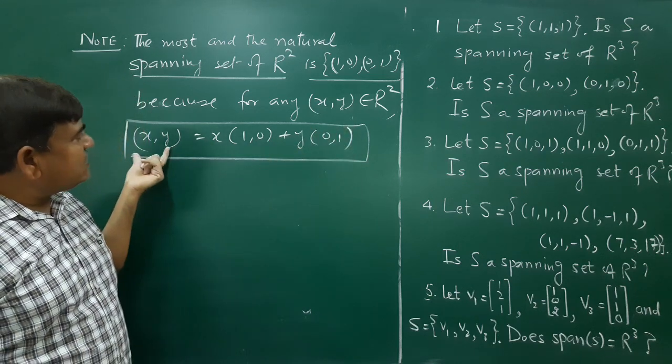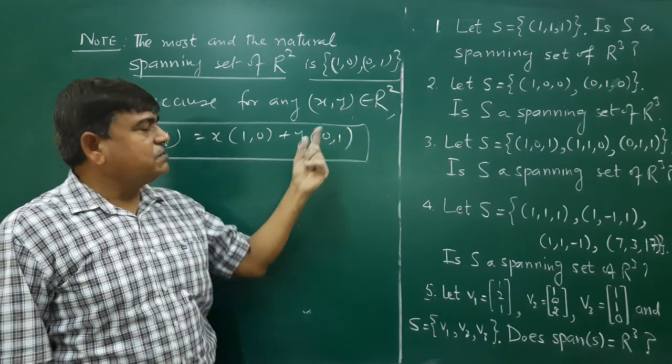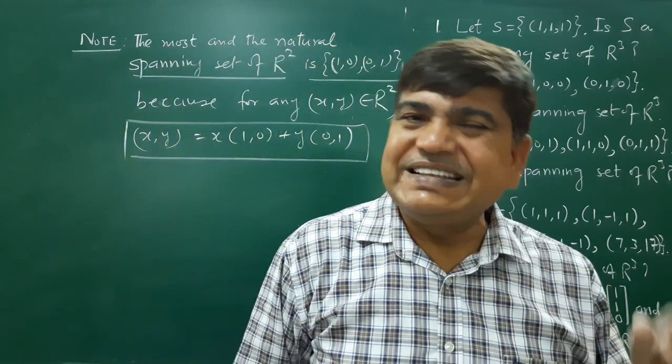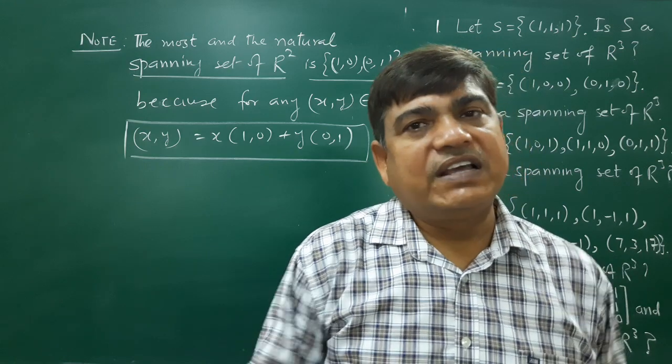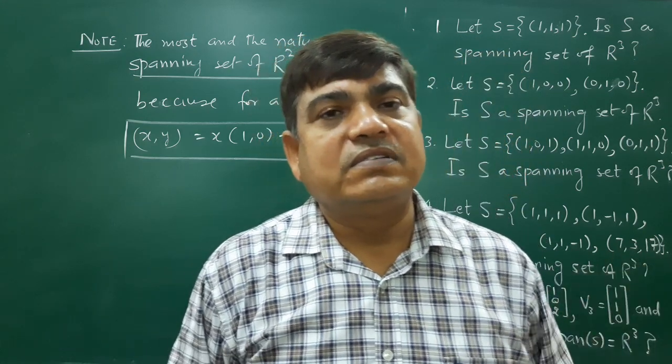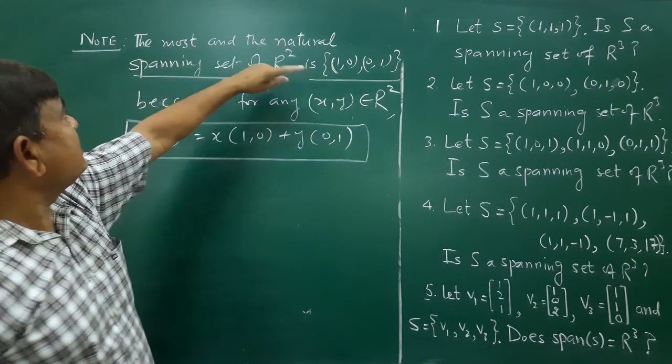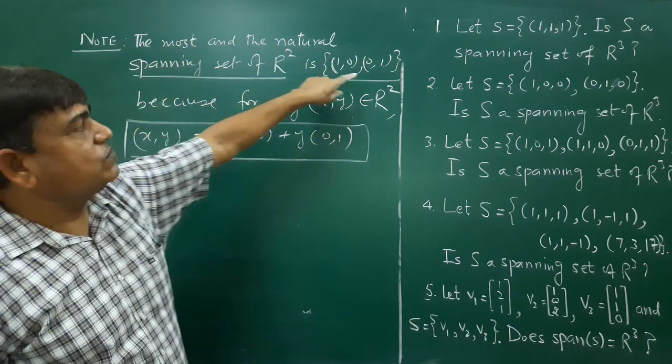So every member is a linear combination of (1, 0) and (0, 1). In two dimensions, you know these are the unit vectors along the x-axis, i cap, and along the y-axis, j cap. So the most natural spanning set of R square is this one.